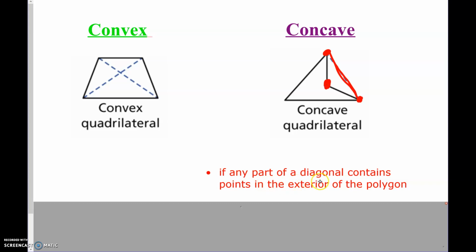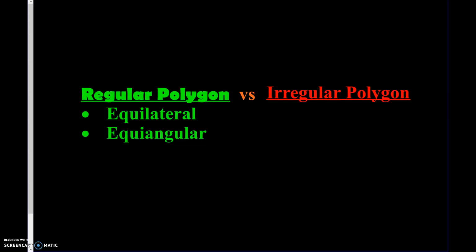All right, so these are both good because when we have non-consecutive, this is in the interior. Here, that point is in the exterior, so it is concave.